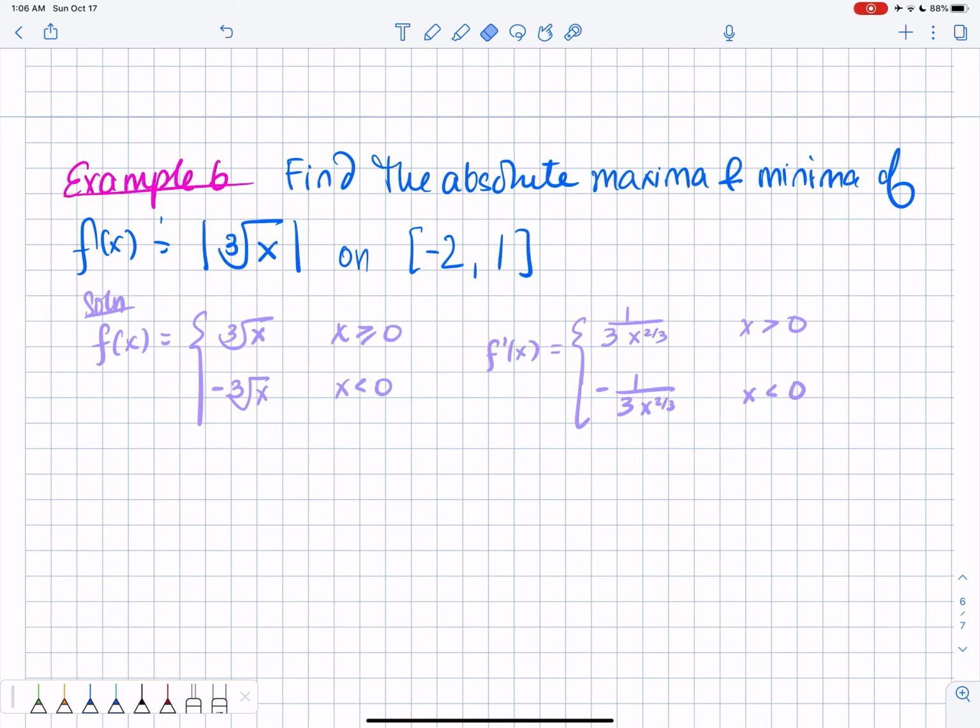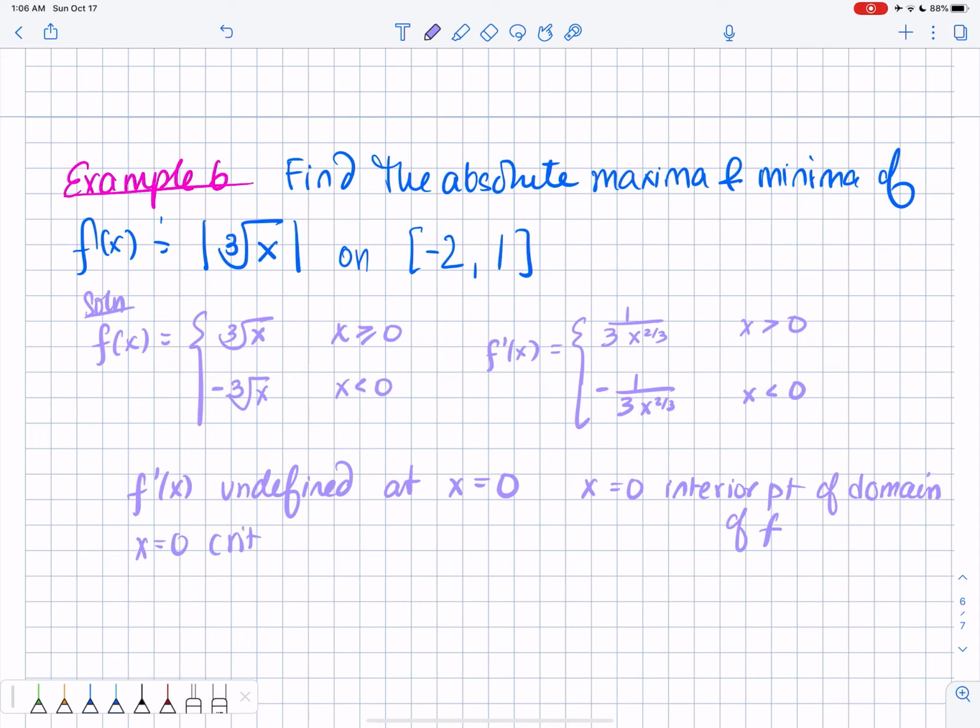So what do you have? You have that f prime of x is undefined at x equals 0. And x equals 0 is an interior point of the domain. So x equals 0 is a critical point.